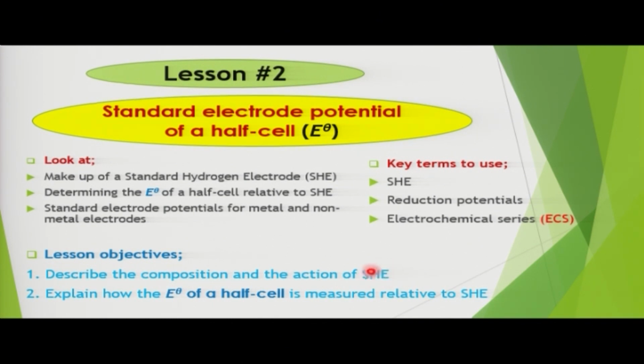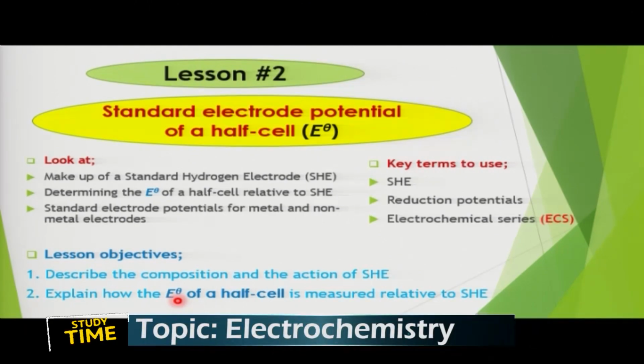So this is recognized; every time you're free to say SHE or speak standard hydrogen electrode. Then we explain how the standard electrode potential of a half cell is measured relative to SHE. So these are our two objectives. And as you see, this E theta implies the standard electrode potential.